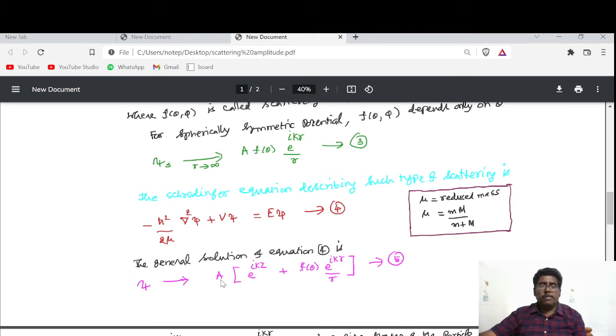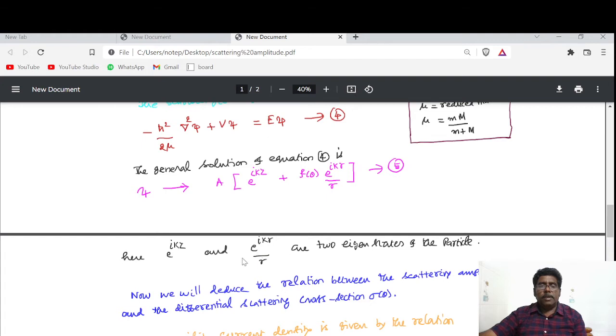The incoming wave is a plane wave, A e power ikz. Then the outgoing wave is a spherical wave, that is A f of theta e power ikr by r. So this is the solution for this equation 4. Here e power ikz and e power ikr by r are the two eigenstates of the particle.